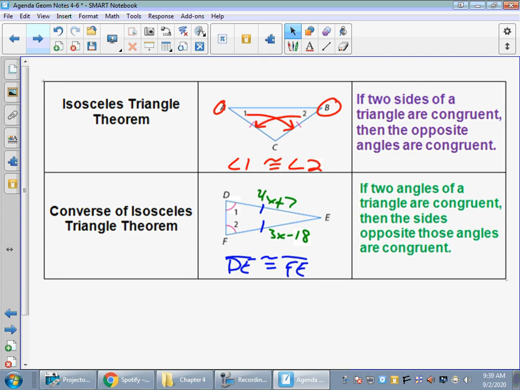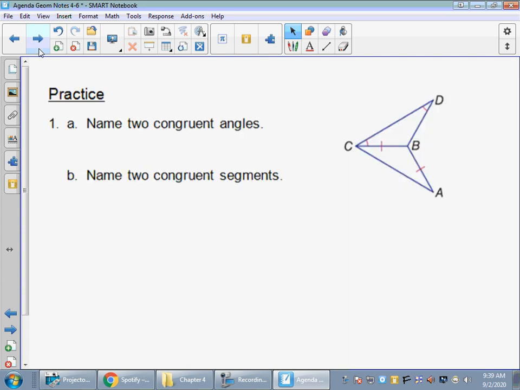Okay. First practice problem here just says name two congruent angles. Okay, so two congruent angles based on what we know. And because we know that in this case, if we know that this side CB here is congruent with this side here, then we know that the angles opposite those would have to be congruent as well.